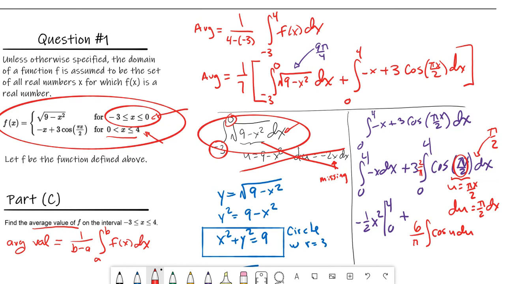This is a simple antiderivative now. And the only other thing to do is change the bounds. If I plug 0 into what u is equal to, 0 times pi over 2 is 0. And if I plug 4 into what u is equal to, 4 times pi over 2 is 2 pi.